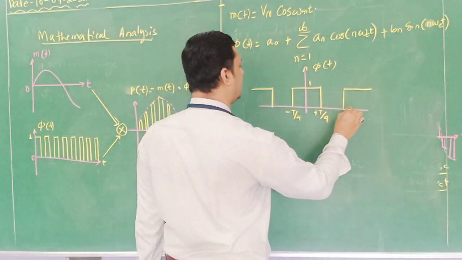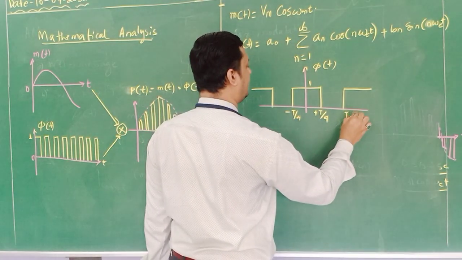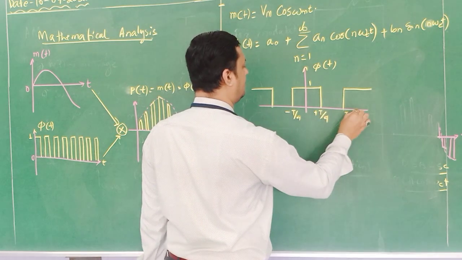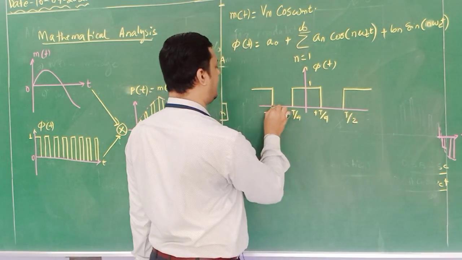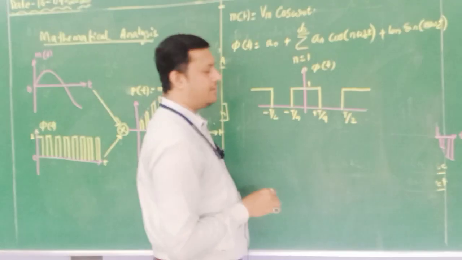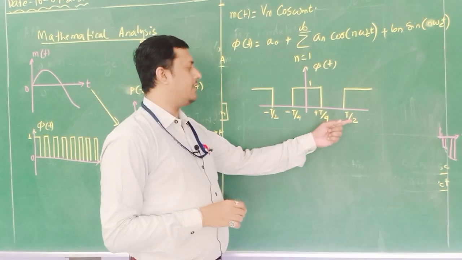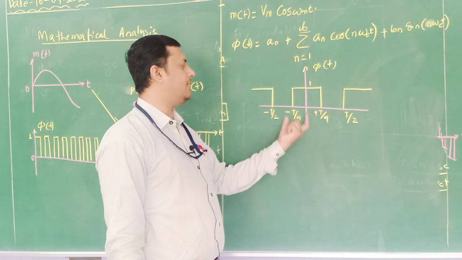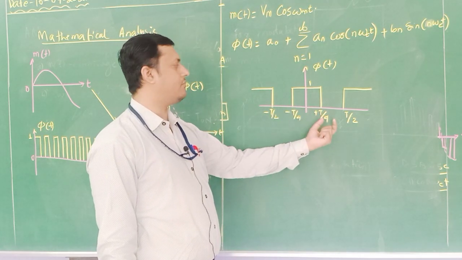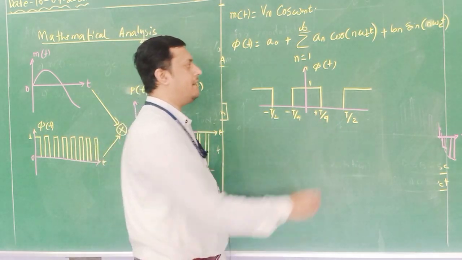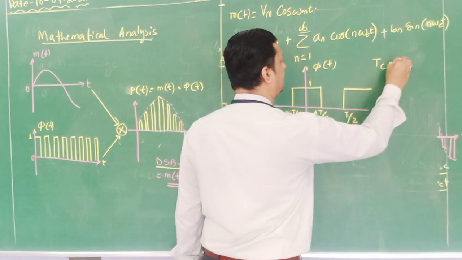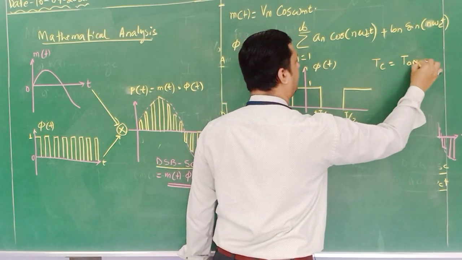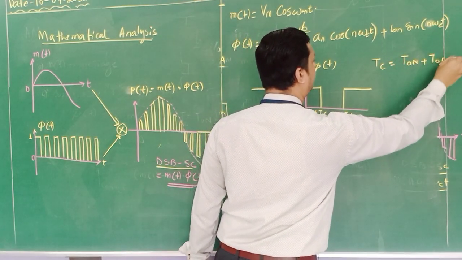So here it is Tc by 2, and here it is T by 2, and this is minus T by 2. The total time period is T, in which the pulse is available from minus T by 4 to T by 4, because our Tc consists of T on plus T off.